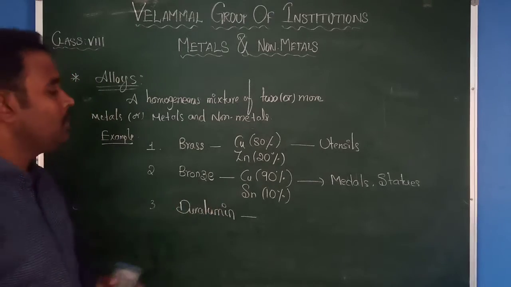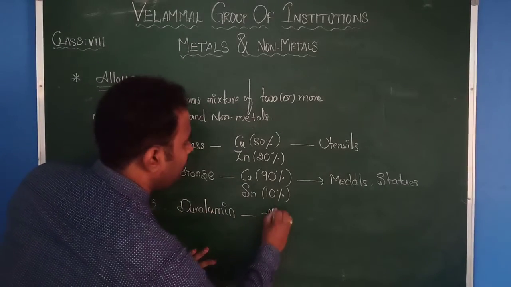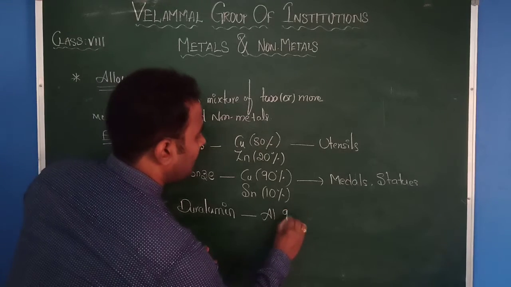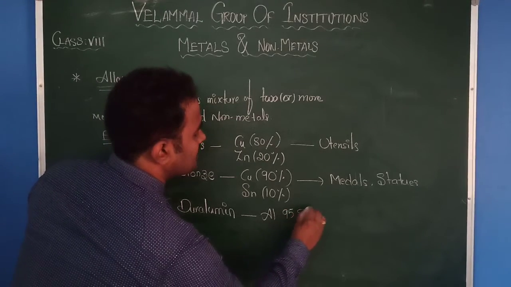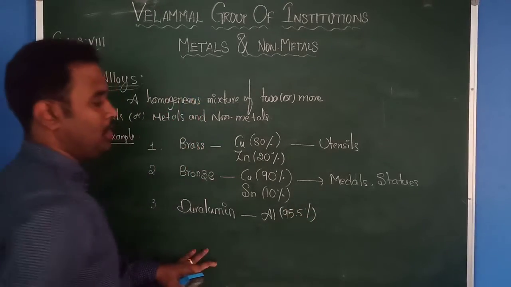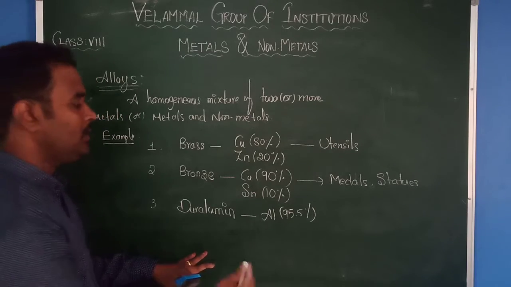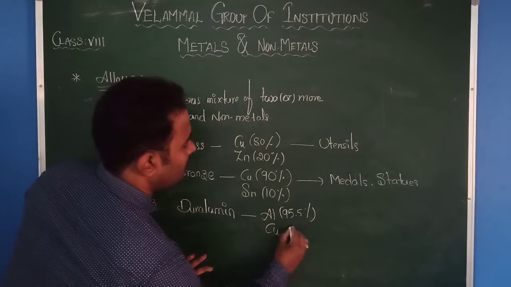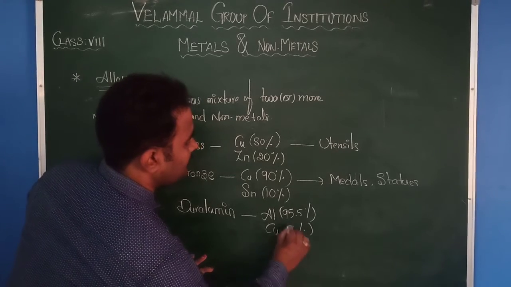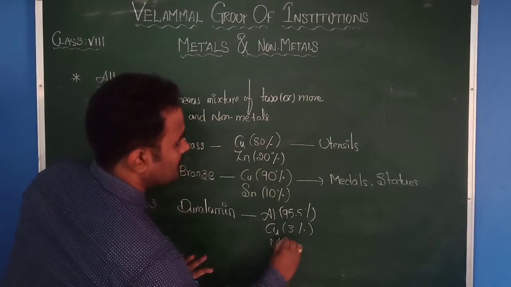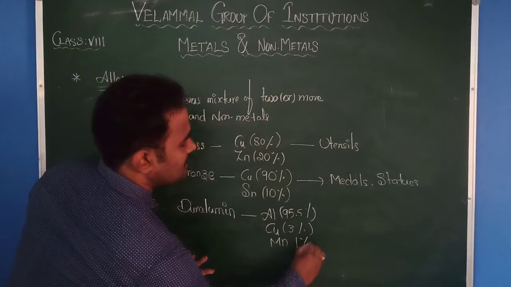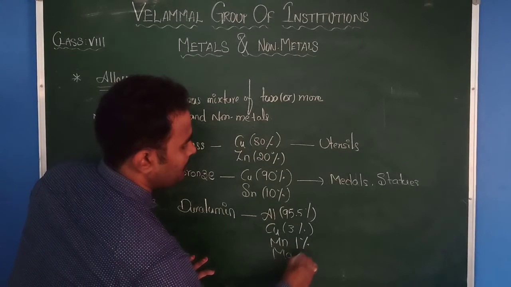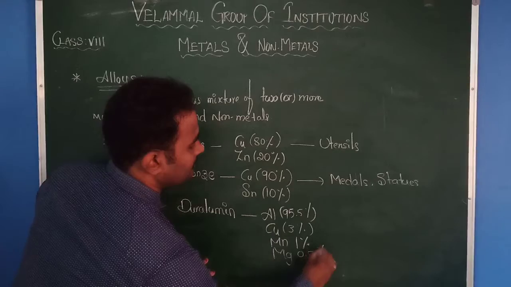It mainly contains aluminium, nearly 95.5%, the remaining copper 3%, manganese 1%, magnesium 0.5%.